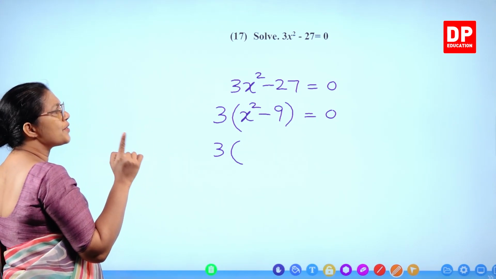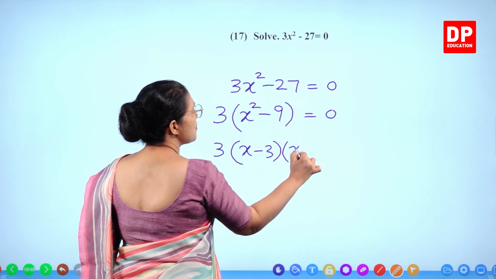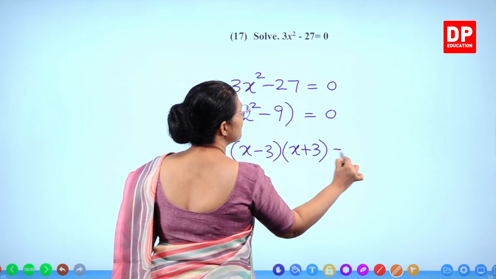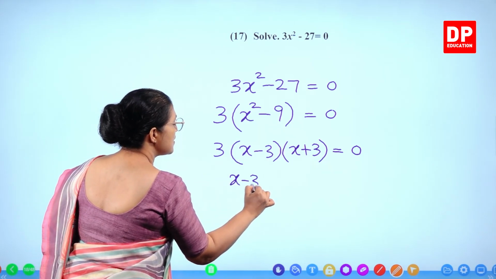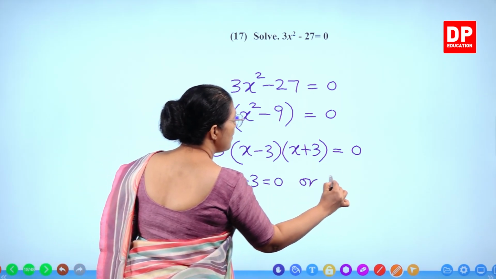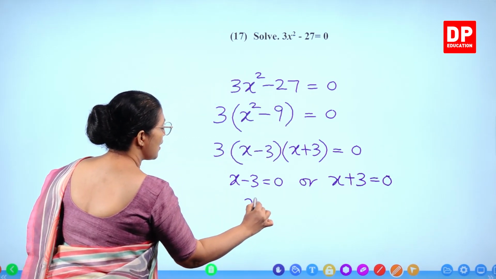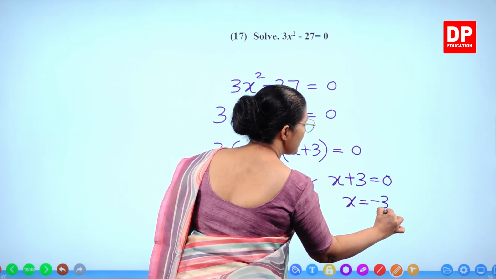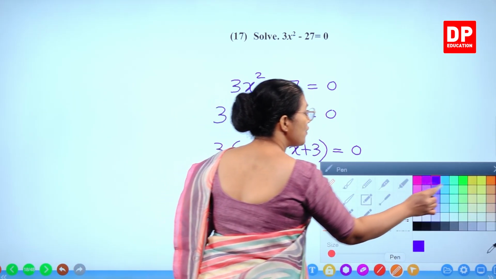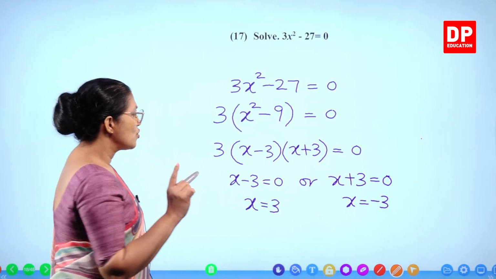X squared minus 3 squared, x minus 3 and x plus 3. So the product is 0 means either one factor is 0 or the other factor is 0. So x becomes plus 3 or x becomes minus 3. So you have to write both the solutions, plus or minus 3. You get 2 marks.